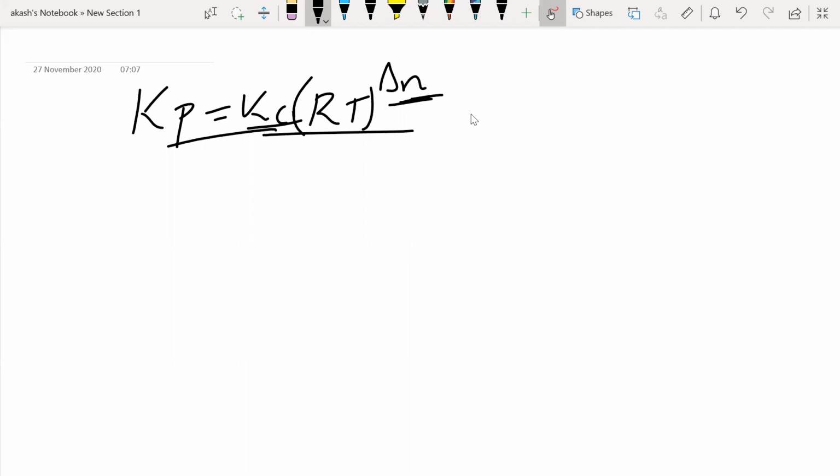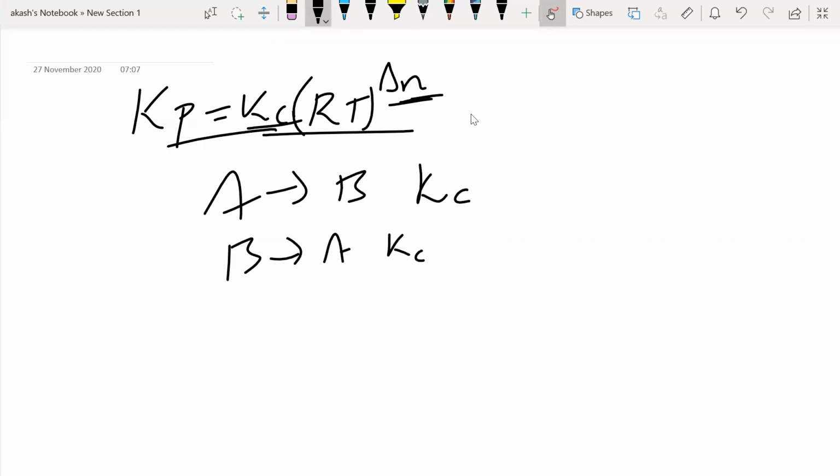Say, for example, I take A giving B as a reaction, and say for this it is Kc. For B giving A, what will be Kc dash in terms of this Kc?